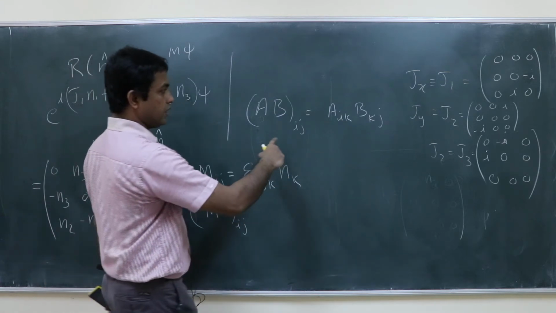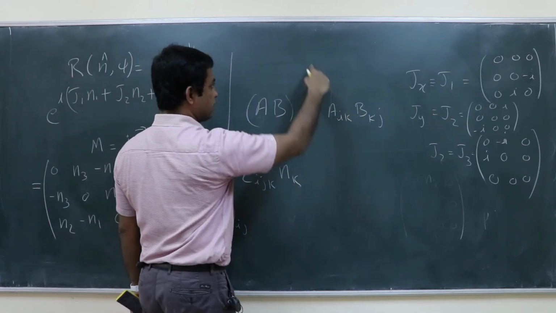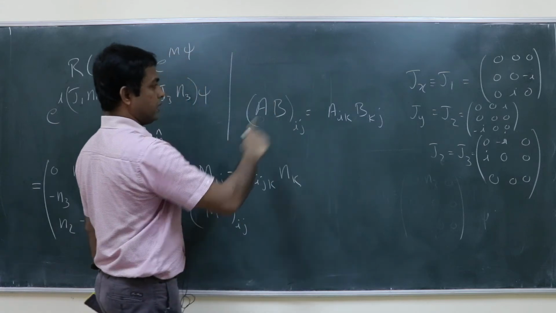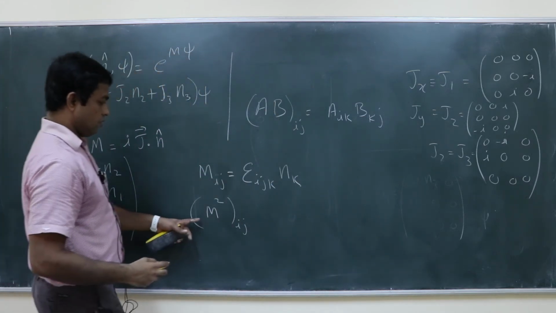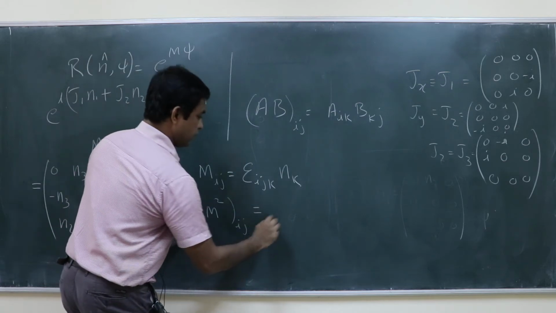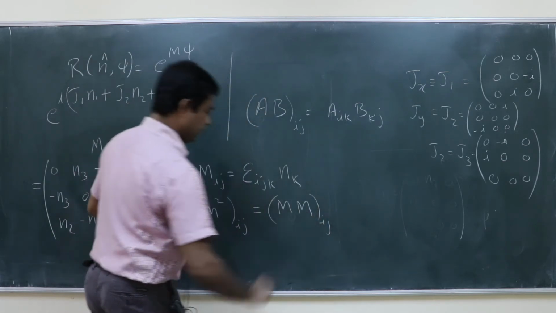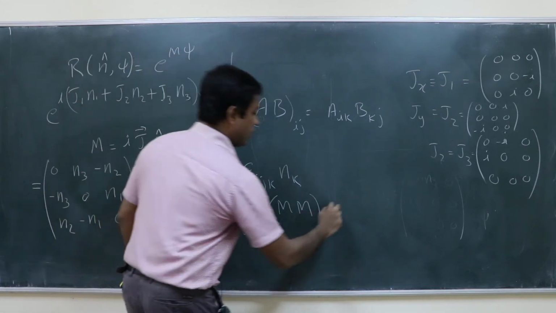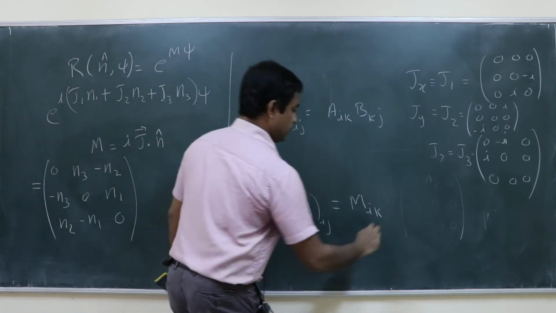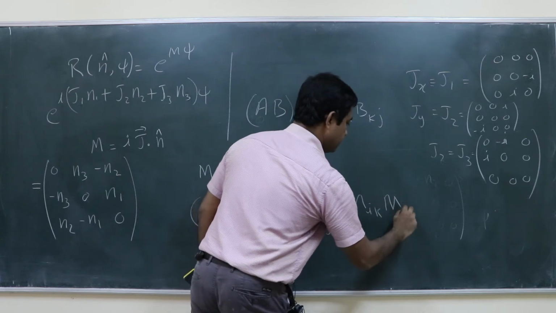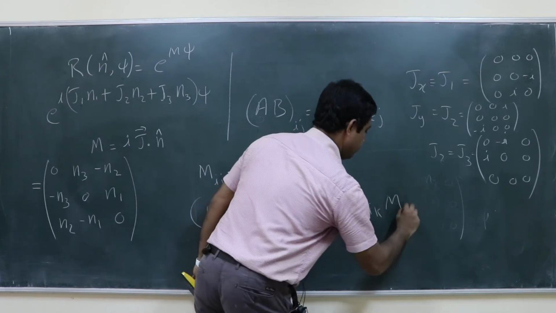So this will be a row and b kj is a column. So you multiply it like that. So m square ij, how will you write it down? Basically m into m ij, that is equal to m ik m kj.